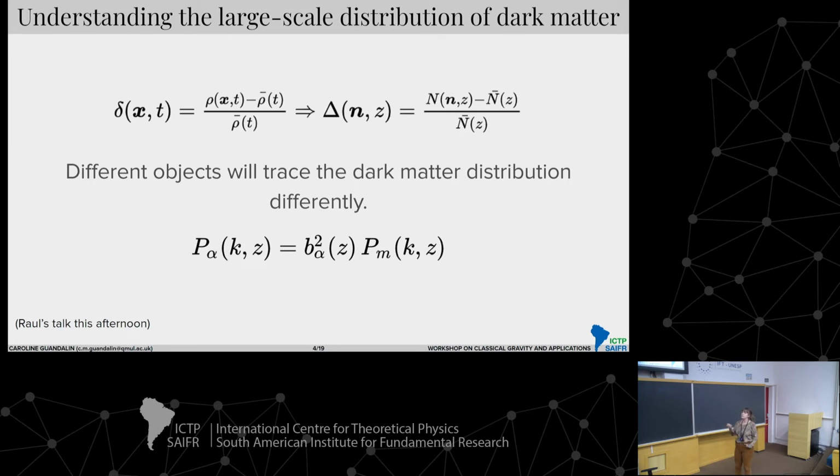And also, in the presence of those non-Gaussian initial conditions, what you could have is a k-dependence inside this object. So this is something that you need in order to properly understand how these different galaxies or dark matter halos will be tracing your dark matter field.